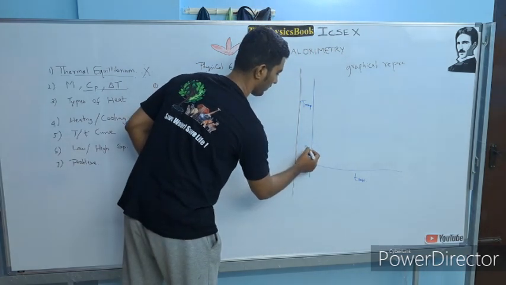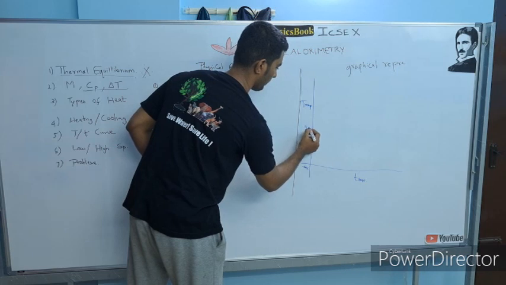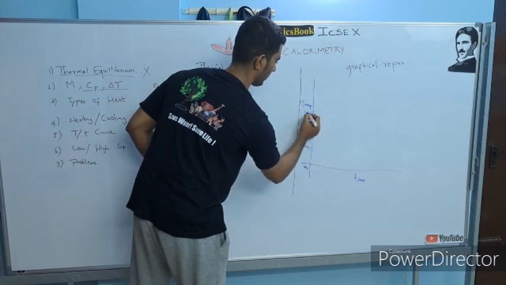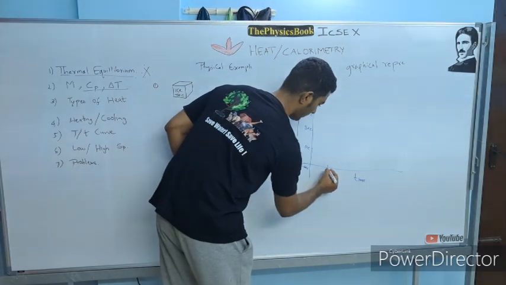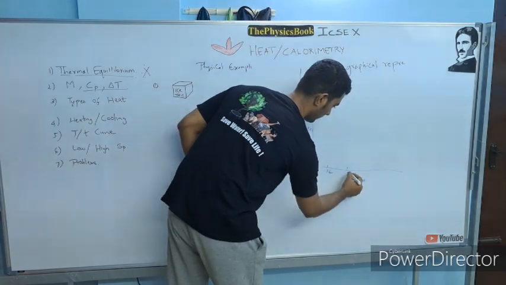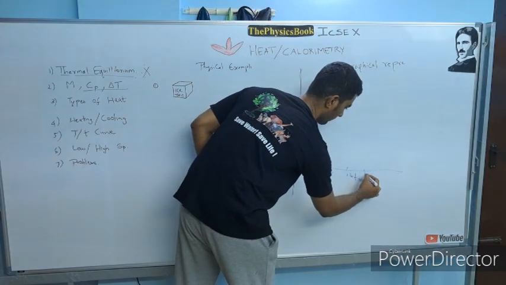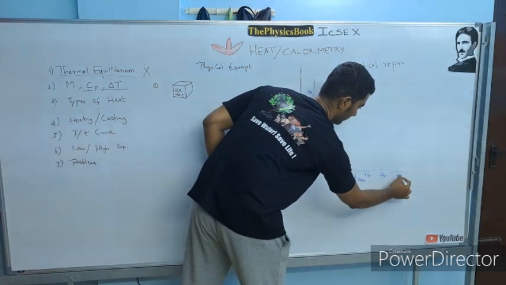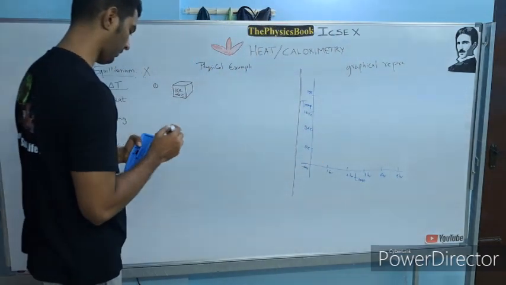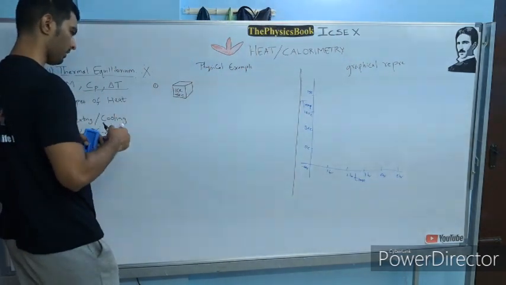This is 0 degrees Celsius. 50 degrees Celsius, 100, 150. This is 1 hour, 2 hour, 3 hour, 4 hour, 5 hour. Okay, so this is the scale that we have for the graphical representation.